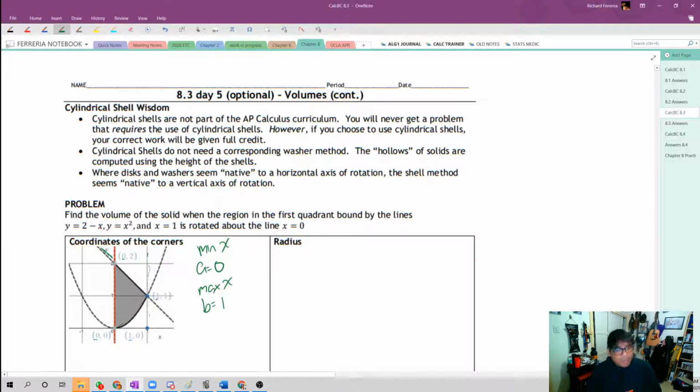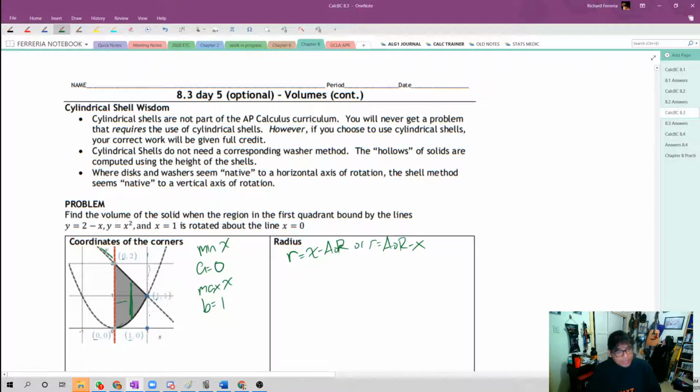Let's move on to the radius. The radius is going to always be equal to either x minus the axis of rotation or axis of rotation minus x. And in this case, the axis of rotation is to the left of the region. So at any point here, let's just draw a random shell here.